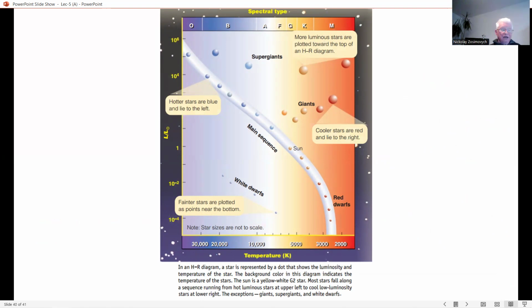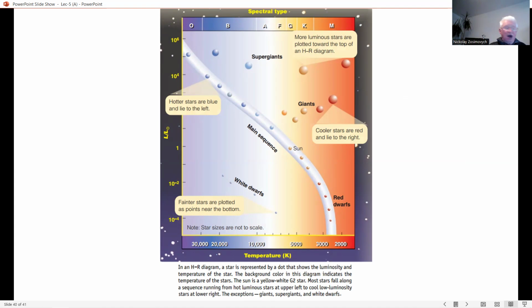A star is represented by a point on the graph that marks its luminosity and its temperature. The HR diagram in this figure also contains a scale of spectral type across the top, because the star's spectral type is determined by its temperature, and you could use either spectral type or temperature on the horizontal axis.